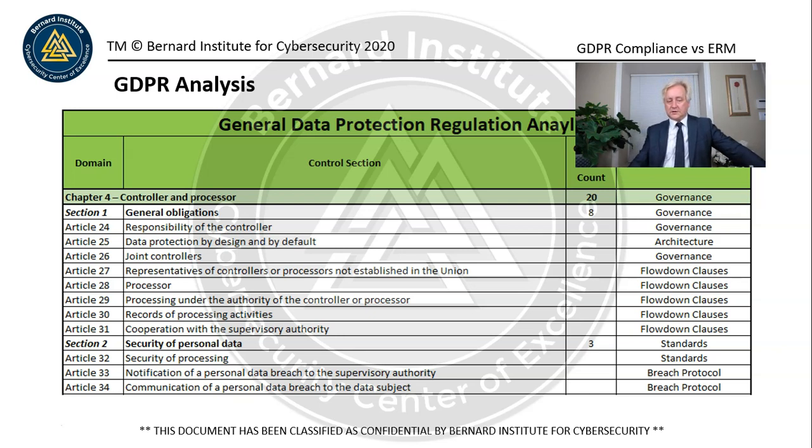Flow down clauses are the way to go with these. So making sure that they handle that personal information that we're sharing with the same high level of regard, the standard of due care that we have as an organization. So that's very important. The only way to do that is to have flow down clauses.